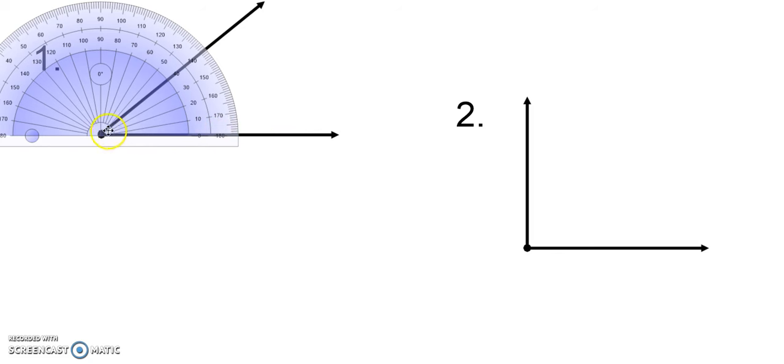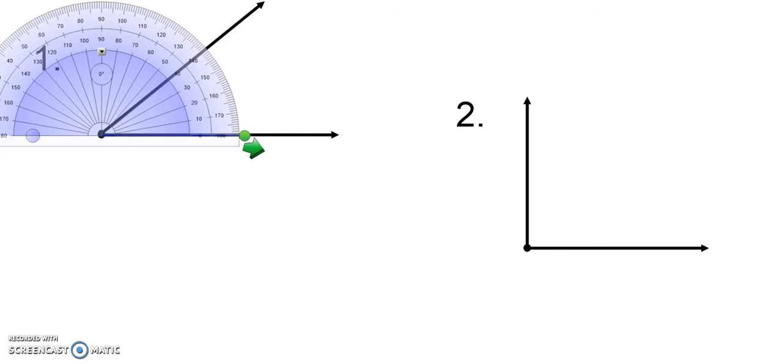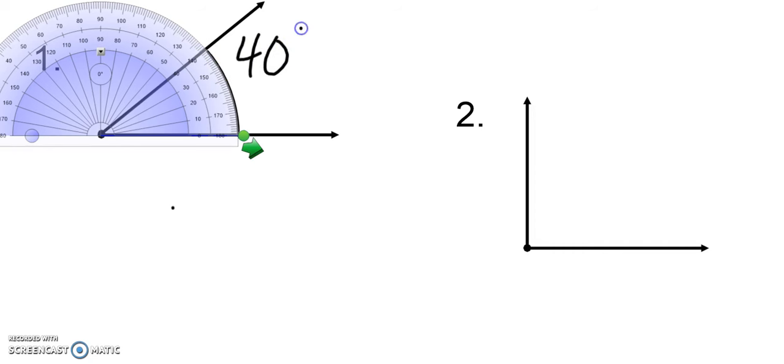At this point, we can measure. If I continue to go up, where is my second ray going to intersect? It's going to be at approximately 40 degrees for this one. Notice how we are using the inner numbers, because when we're measuring an angle, we always assume that we're starting at 0 degrees and increasing from there.